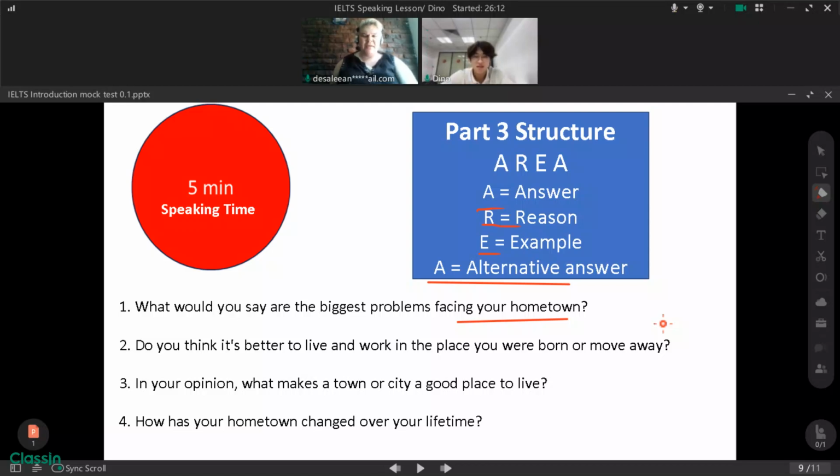Okay. So do you think it's better to live and work in the same place where you were born, or is it better to move away to another city to work? What do you think?